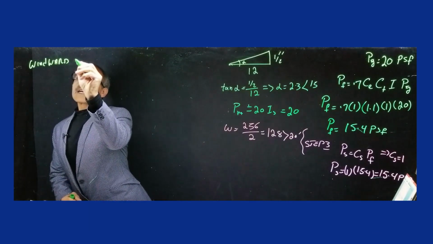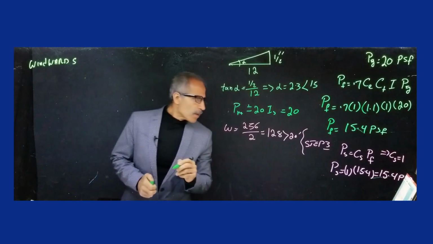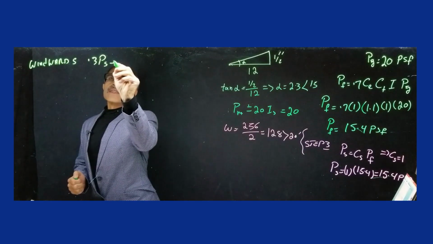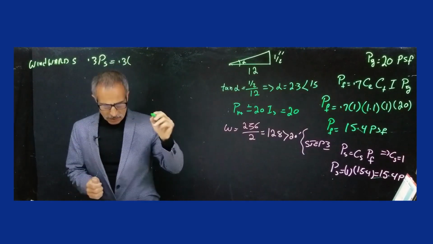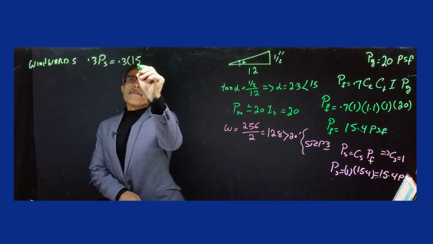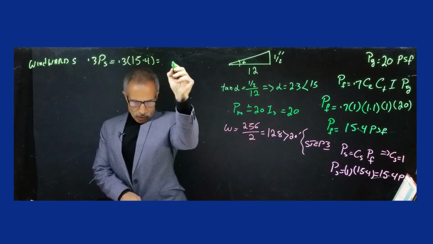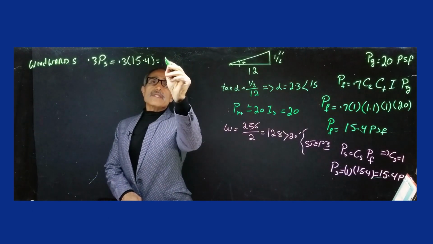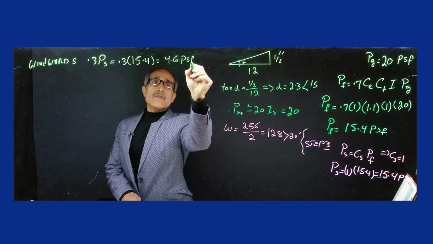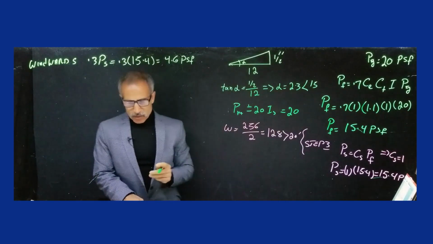Windward side is 0.3 PS, and that's 0.3 times the 15.4 we had over there. So that comes out to 4.6 pounds per square foot. So that's the windward side.